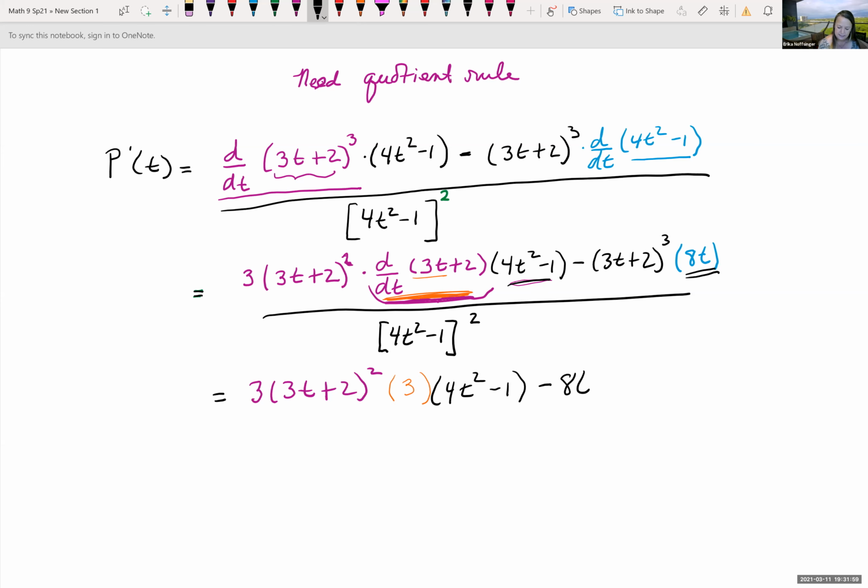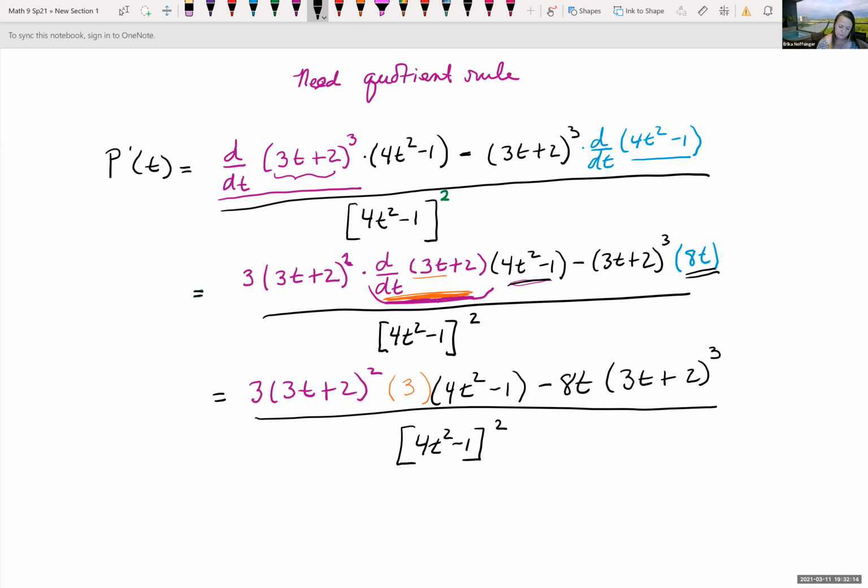So 8t all times 3t plus 2 quantity cubed, all over 4t squared minus 1 quantity squared.